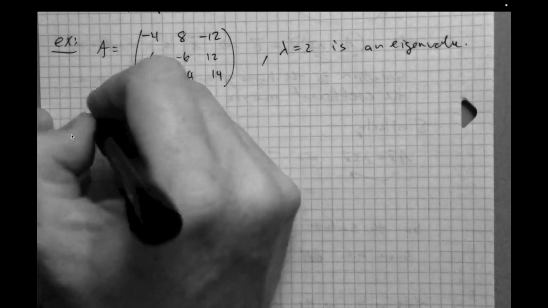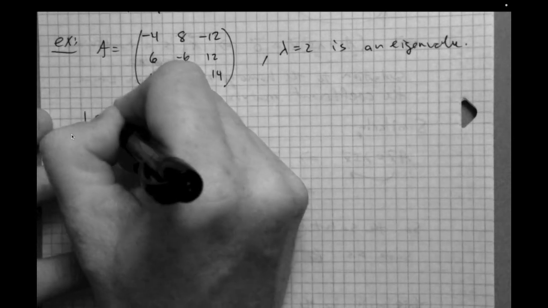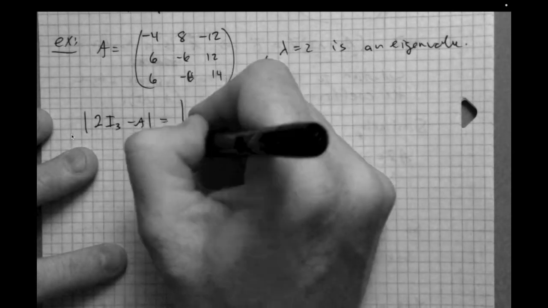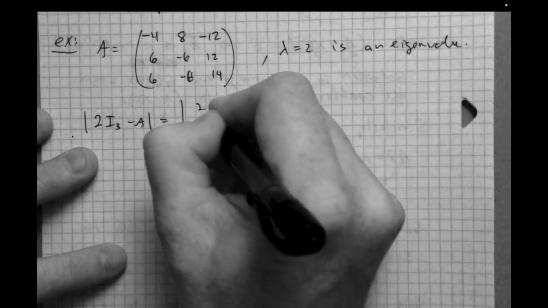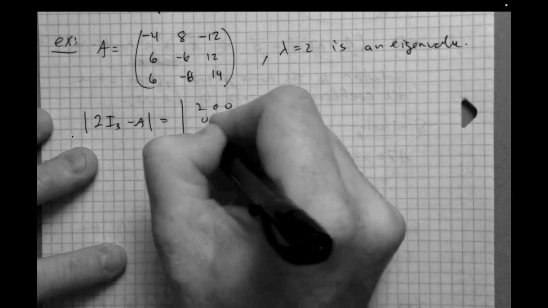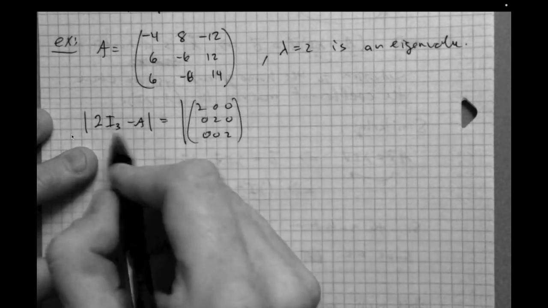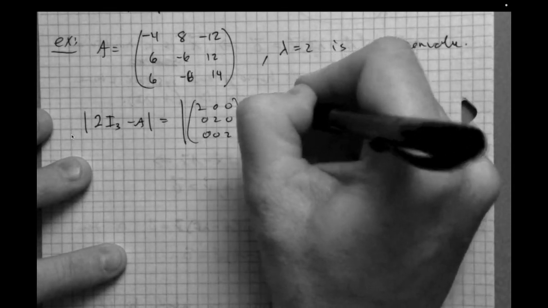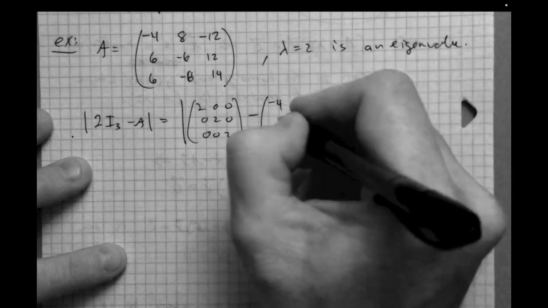So we need to find the determinant of basically 2 times I minus A. We can plug in 2, 0, 0, 0, 2, 0, 0, 0, 2. That's 2 times I. Minus A, which we just wrote out, but let's write it out again just to be clear.